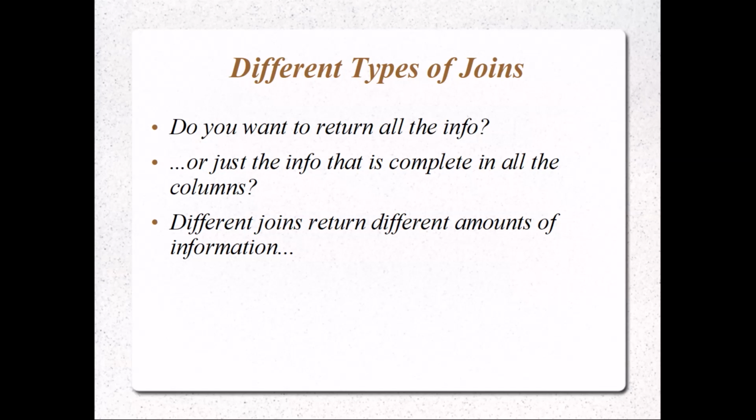For example, imagine some columns are blank in one table, so you have some voids. Do you return those rows that have a blank space in the column you need, or a blank space in the column that you're joining on, for example?